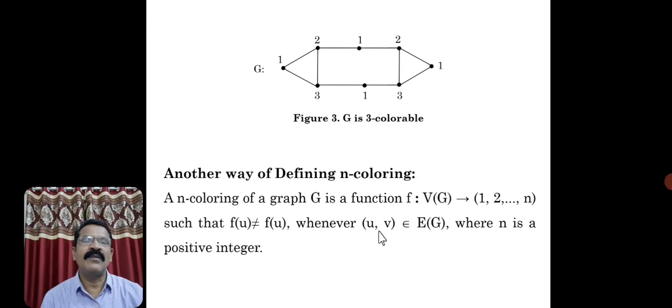Whenever we use a pair of vertices, it represents an edge joining the vertex u to the vertex v, belonging to the edge set, where n is a positive integer. So the same n coloring which we have given in the previous slide, you can define in this way also.